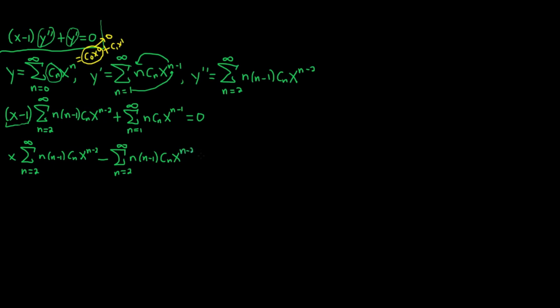And then we have the last piece there, plus infinite sum, n equals 1 to infinity, and c sub n, x to the n minus 1, and that's equal to 0.